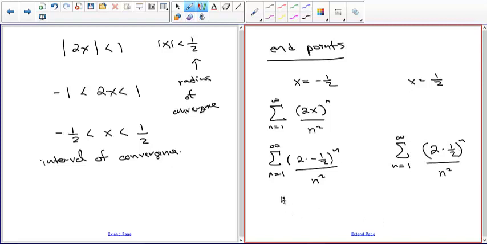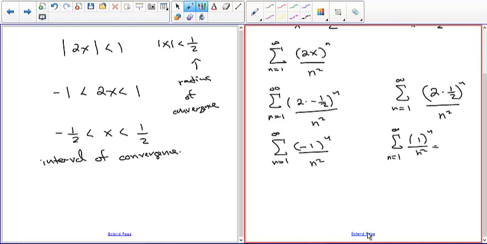And if we simplify that down, we'll get negative 1 to the n divided by n squared. And over here, we'll get positive 1 to the n over n squared, which is just equal to 1 over n squared.